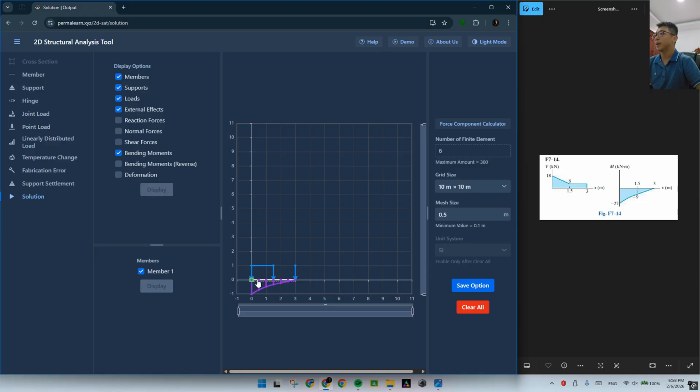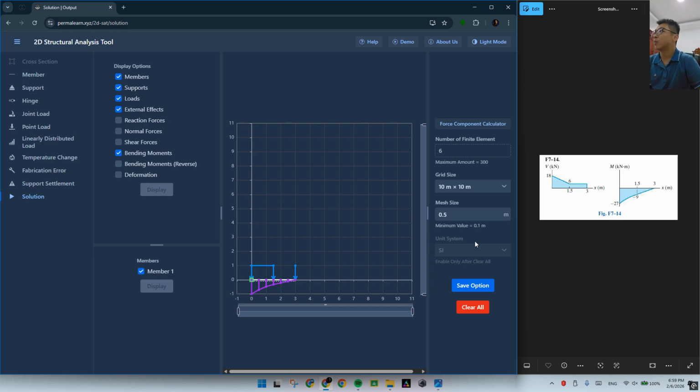The bending moment is also the same, from minus 27 kilonewton meter, to the midpoint at minus 9 kilonewton meter, and at the last point, 3 meters from the fixed support A, the bending moment is 0 kilonewton meter.